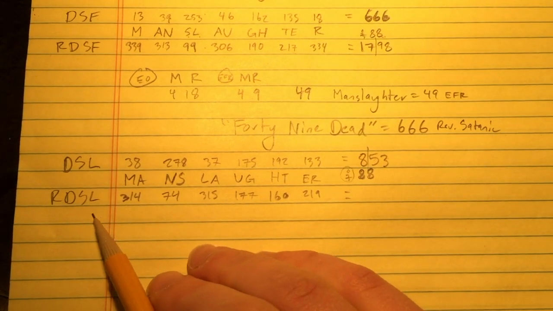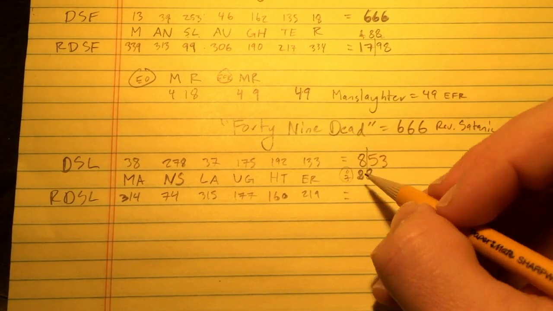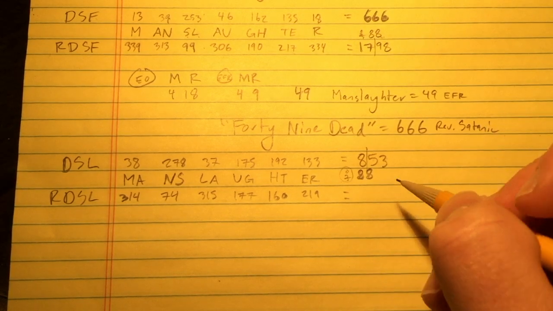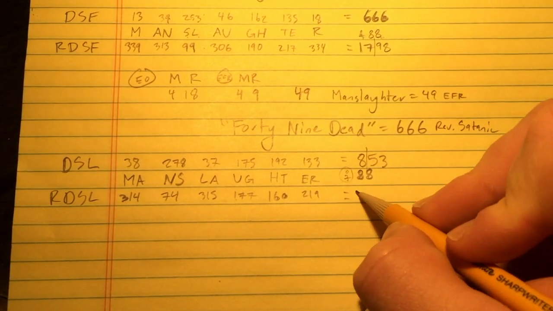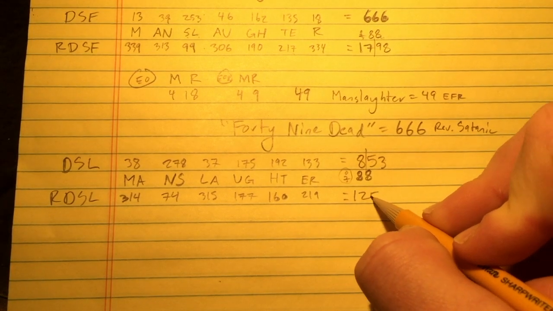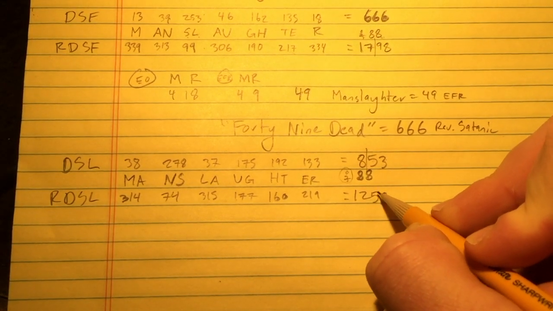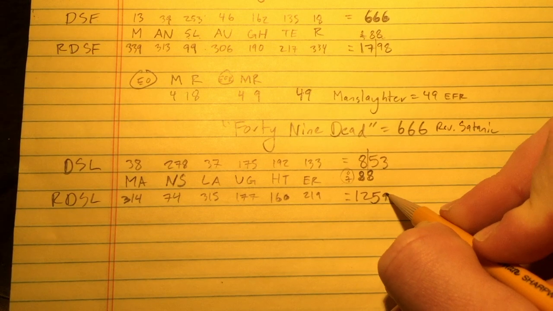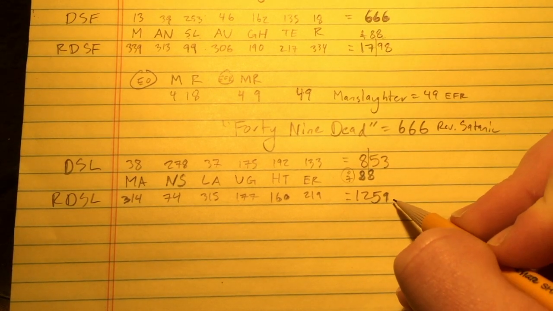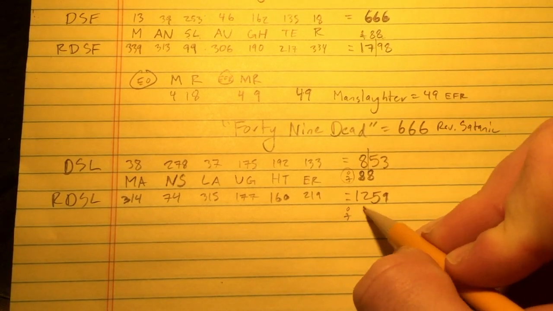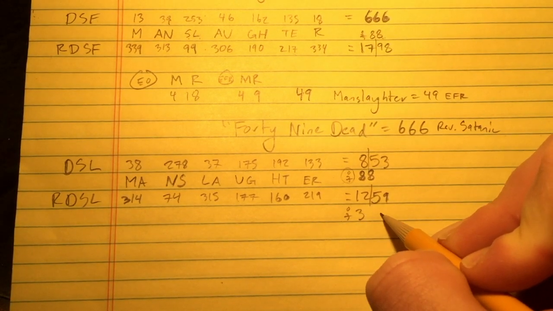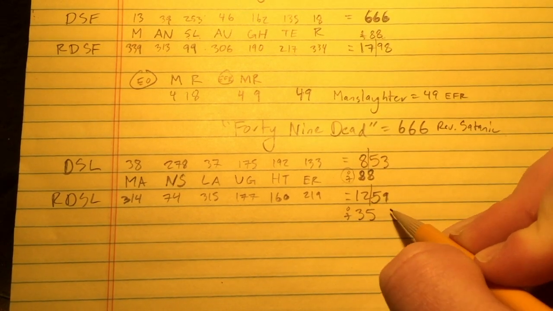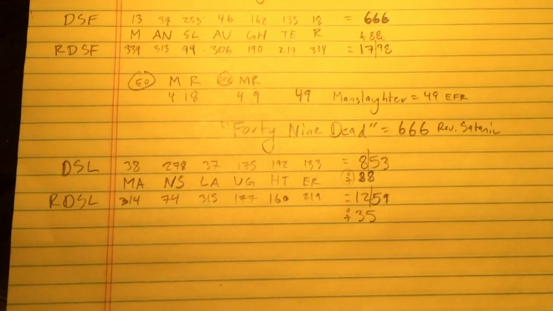Moving along, in the reverse spelling of the word manslaughter in the duos single last spelling, we get the number 1259. And 1259 reduces to 3 and 5, which is 35.